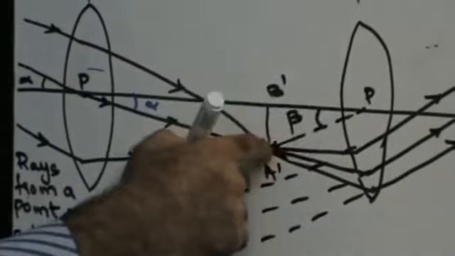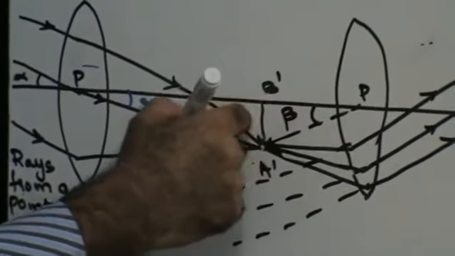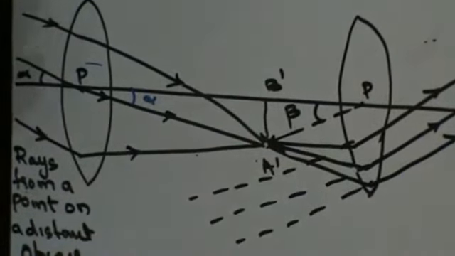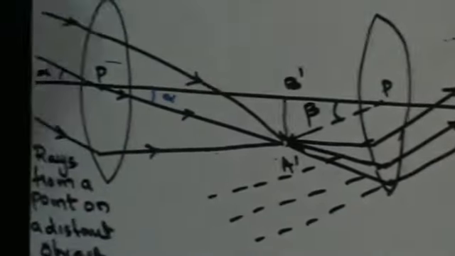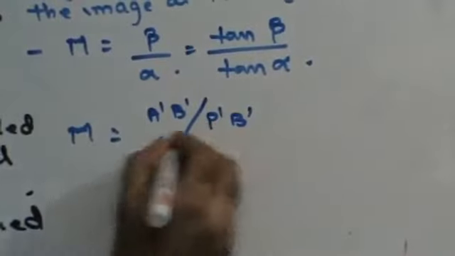Similarly, this is beta, so tan beta is opposite upon adjacent, A bar B bar upon, we call this as P bar, so this is going to be P bar B bar.